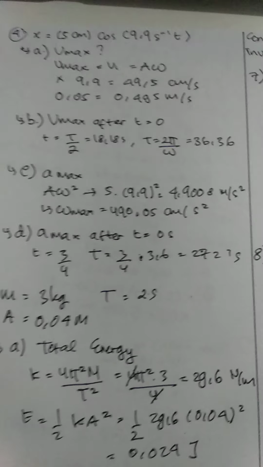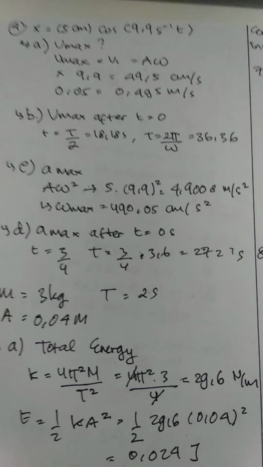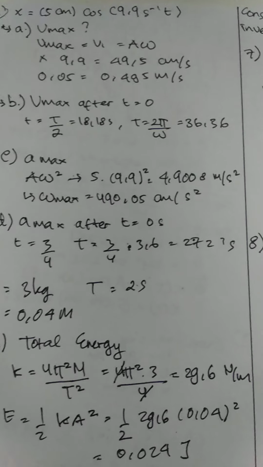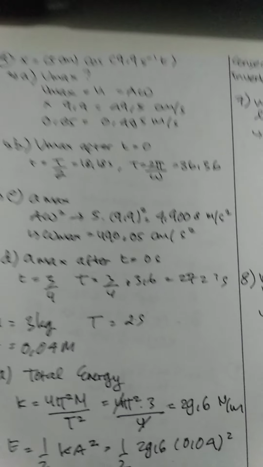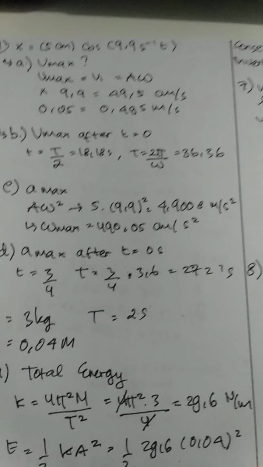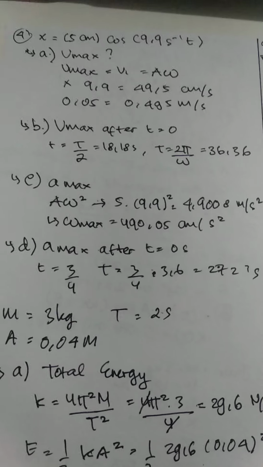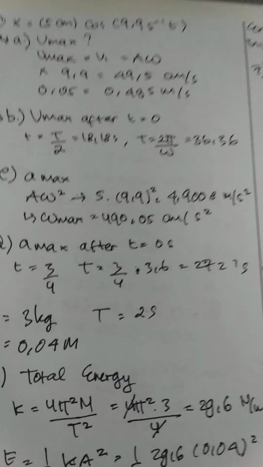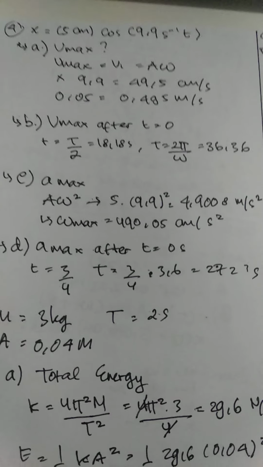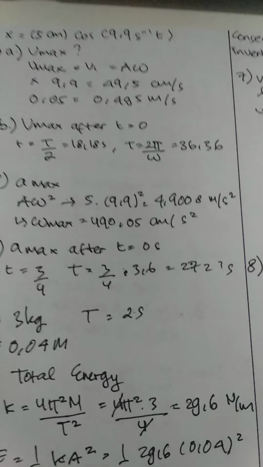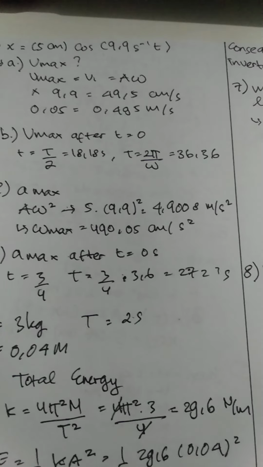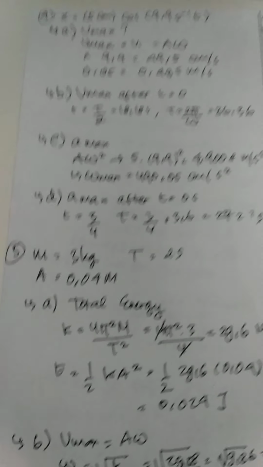After that, the question is, when does this maximum speed first occur after t equals 0? We must substitute t equals the period per 2, which gives t equals 2 pi per omega, equals 36.36.